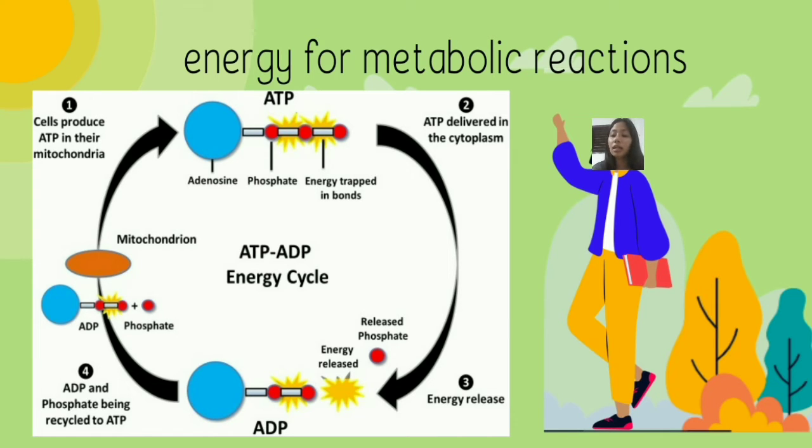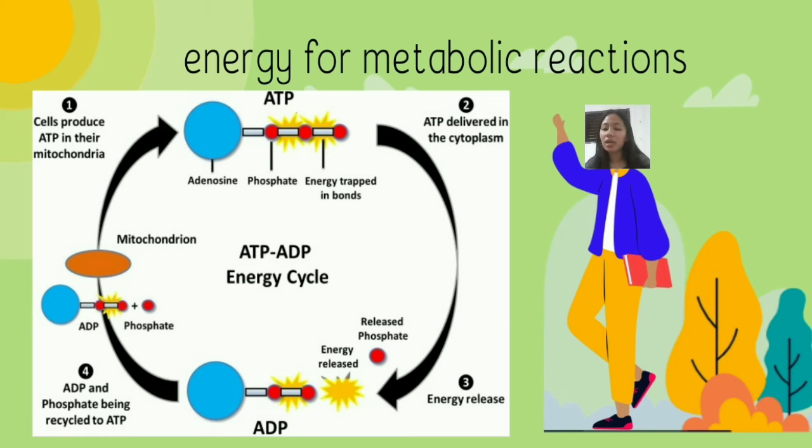ATP contains chemical energy in the bonds of its phosphate groups, so that when a bond is broken and a phosphate ion is released from ATP, energy is released along with it. The molecule that remains is adenosine diphosphate, or ADP.